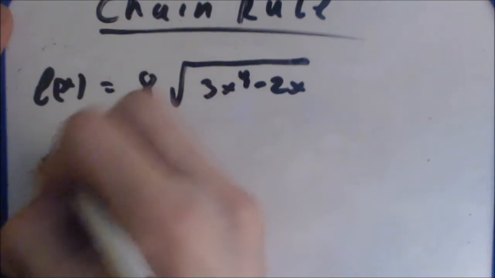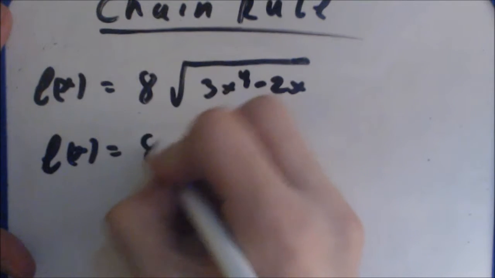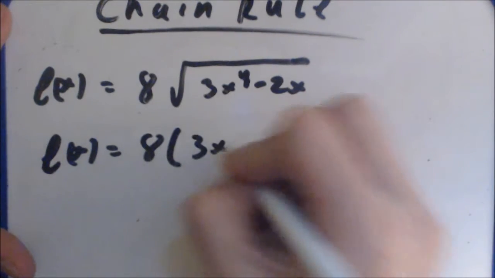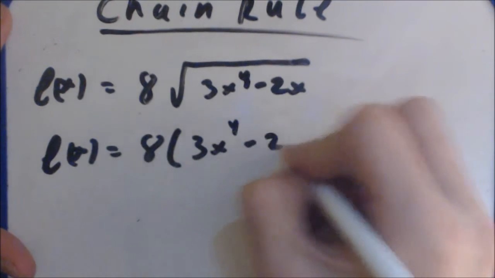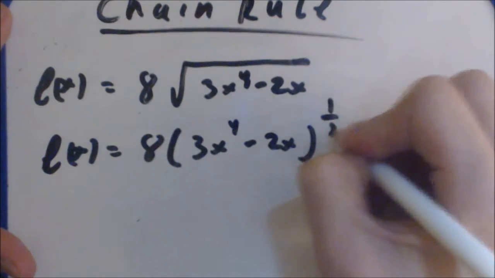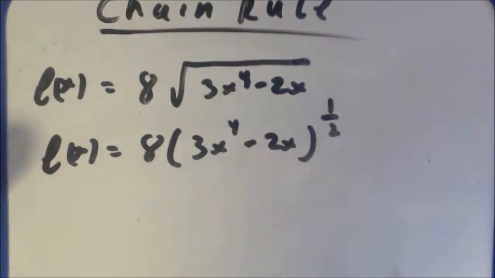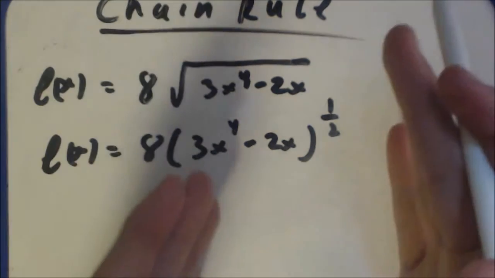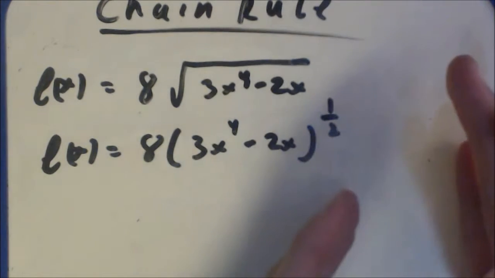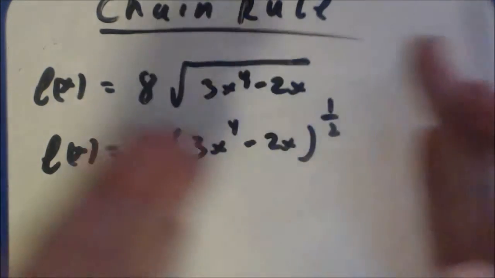This is actually equivalent to 8 times the quantity 3x to the fourth minus 2x, to the 1/2. Because remember, when you take the square root of something, it's the same as taking it to the 1/2 exponent. So we're actually going to combine the power rule that I taught you in another video with the chain rule.